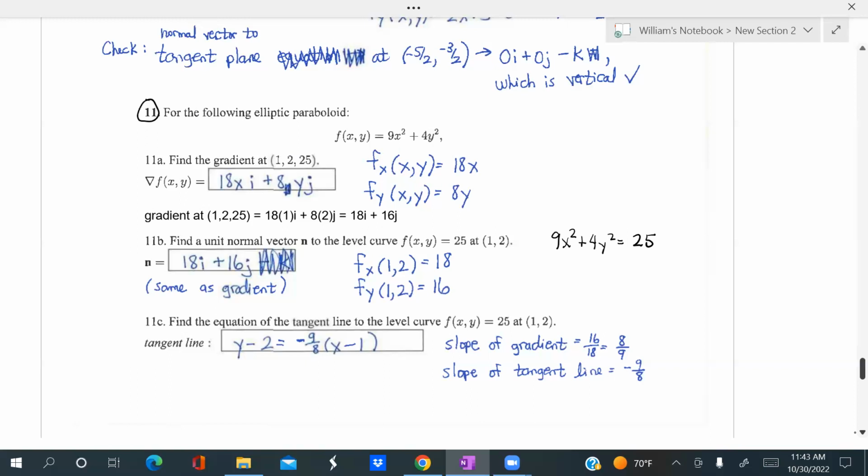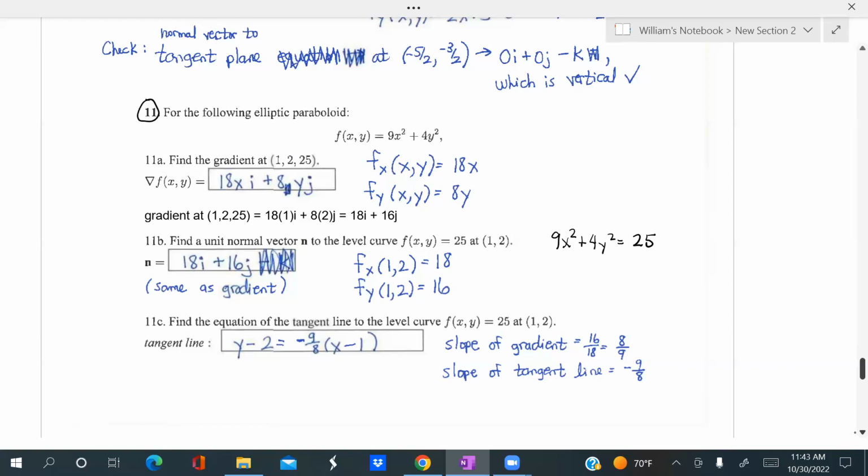But what is the equation for the tangent line to this curve at 1, 2? Well, we just have to find what the slope of the tangent line is at 1, 2, and then fill that into our linear equation, and we'll have the equation for the tangent line.